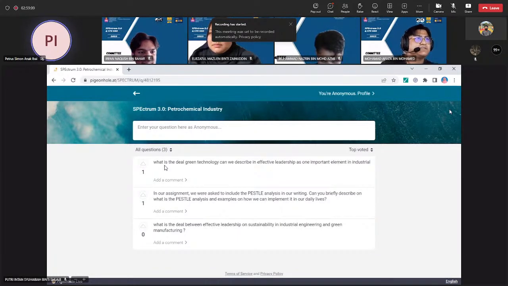Okay, so I would love to answer the first one: what is the ideal green technology that we can describe in effective leadership as one important element in industry. I would say there is no ideal one first, because if we go through the first three parts of our journey today, we are looking at what our metrics are, what we are looking for.